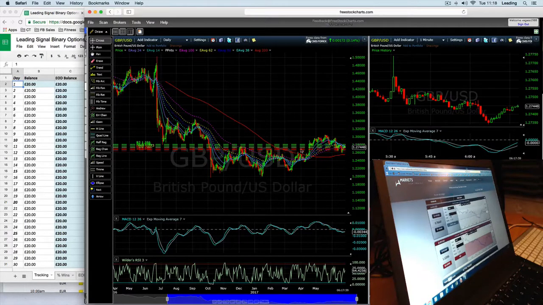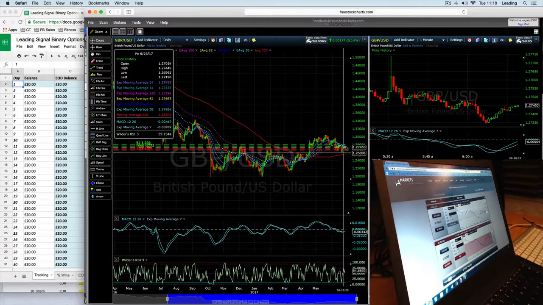So it's still above the 200 moving average, which is a really big indicator for hedge funds, for whether either a stock or a pair is above or below. It's trading higher or lower, so if it's bullish or bearish. So you can see it's above there, so it's bullish.